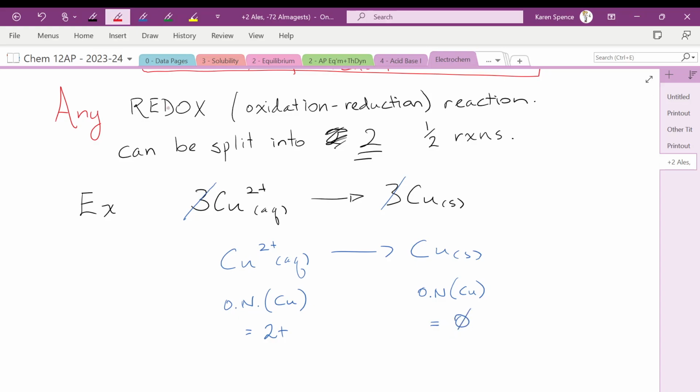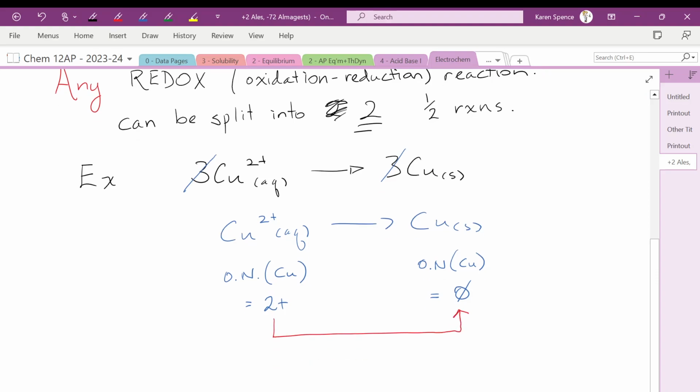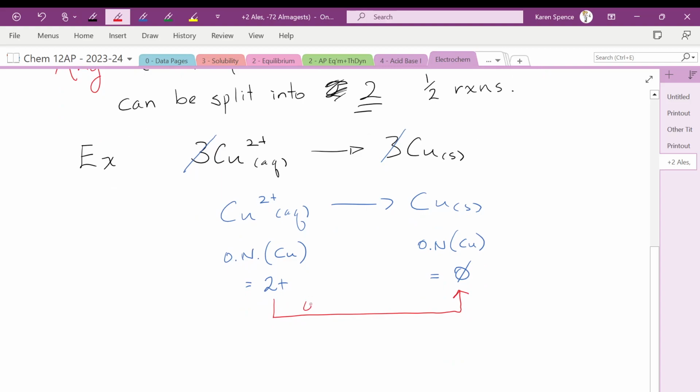So did this oxidation number get bigger or did it get smaller? It got smaller. In other words, the oxidation number got reduced.